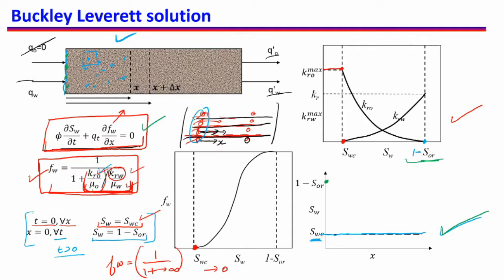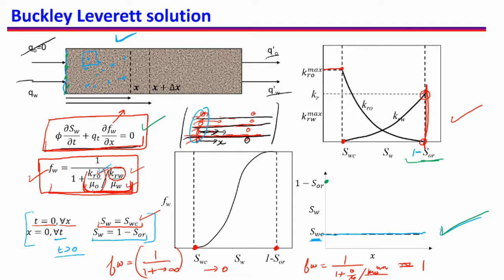Now move to the other end point. That means we have 1 minus SOR as SW. At this point we know the relative permeability of the two phases. So at this point oil is not moving and only water is moving. So our Fw in that case will be 1 by 1 plus 0 by mu O divided by some KRW max divided by mu W. So this will be equal to 1.